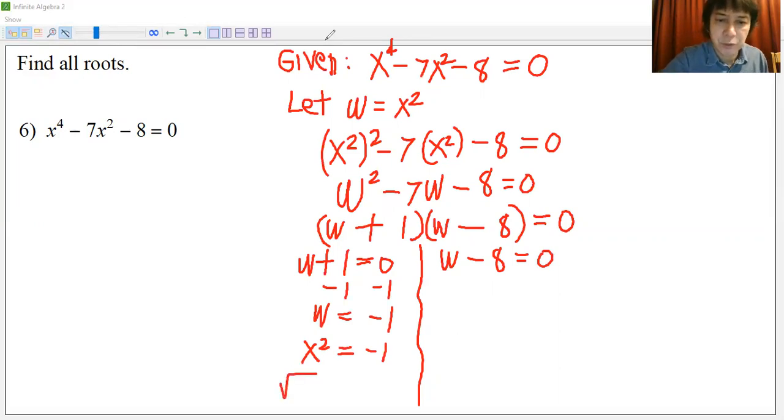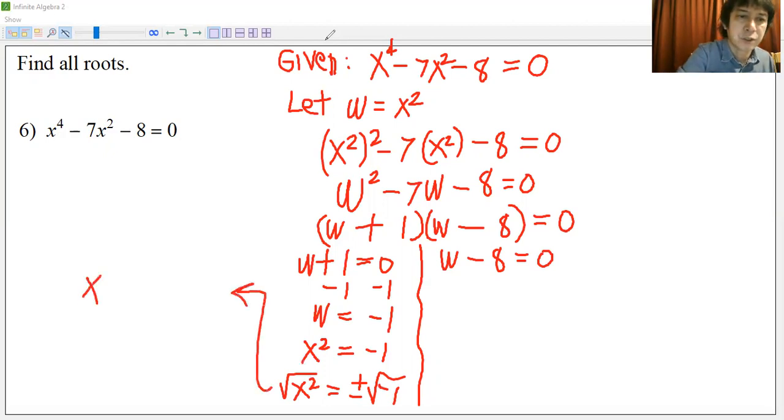The square root of x squared, the square root of negative 1, this is plus or minus square root of negative 1. Square root of negative 1 is imaginary i. And so x is equal to plus or minus i. The i stands for imaginary there.